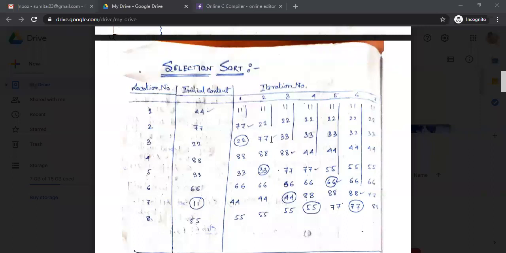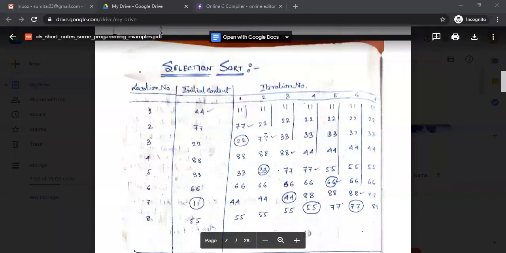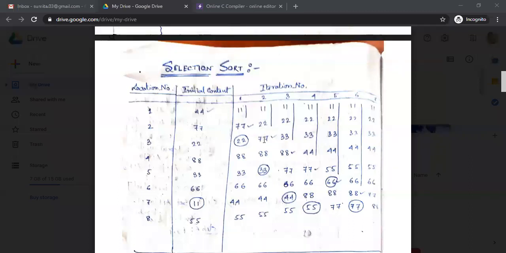So what is the next value? 77. Why 77? Why not 22, madam? Because you took 44 as the first and 77 as the second, so why are you taking 77 again as the third? Why not 22?